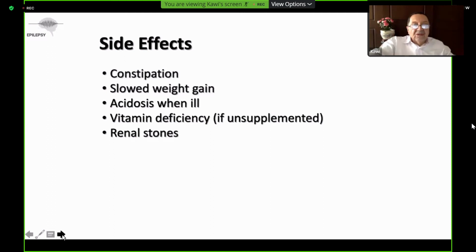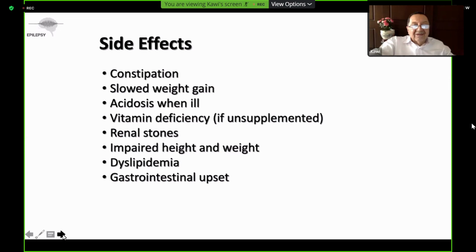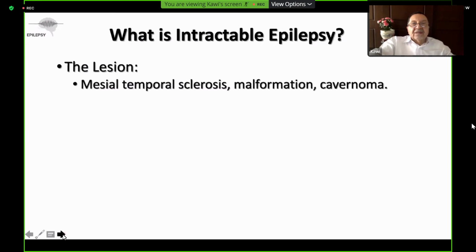It may lead to renal stones by increasing oxalate secretion. It may impair the height and weight growth of children. It may cause increase in lipids because it depends on lipids. And it causes a feeling of nausea that probably part of it leading to weight loss.